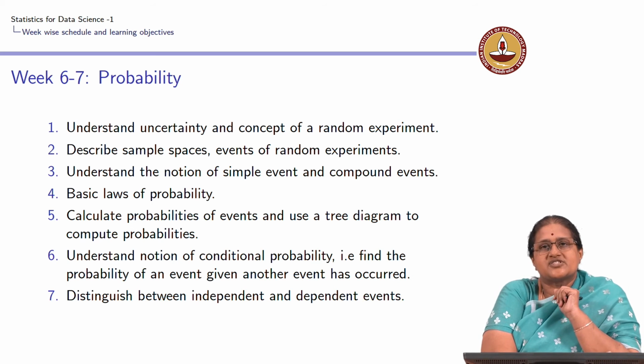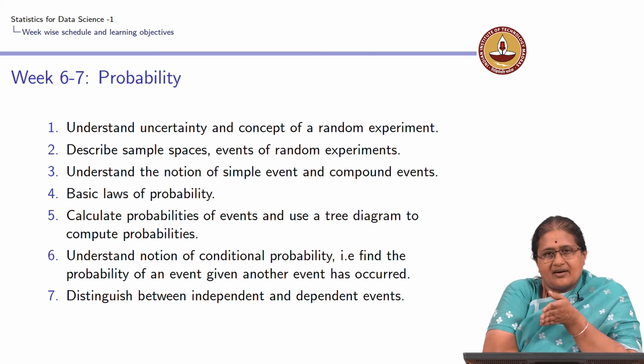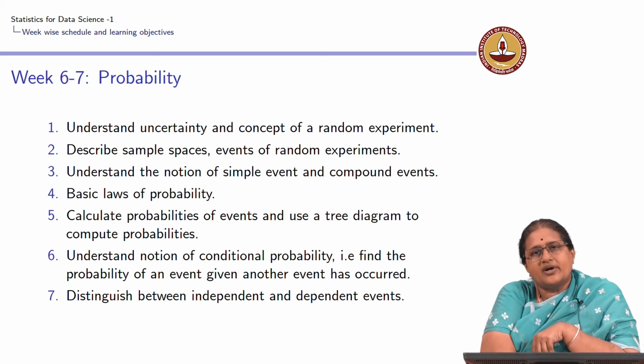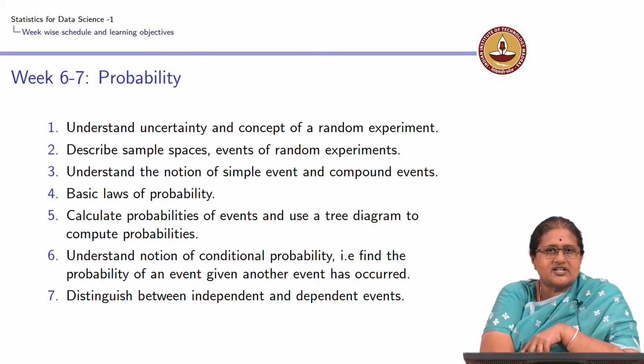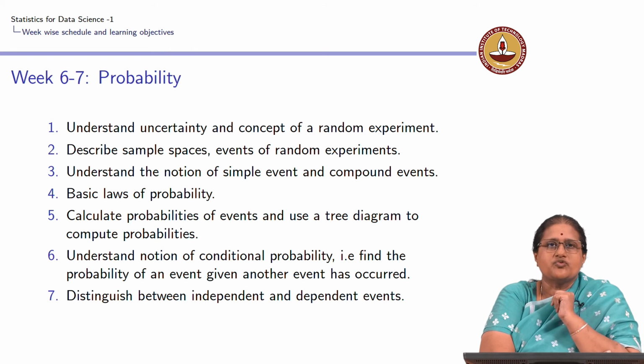Representing events as sets requires some idea of set algebra, and you would already have had an introduction to set operations and set algebra from your Math 1 course. So, you will be applying those concepts here to develop the notions of probability.